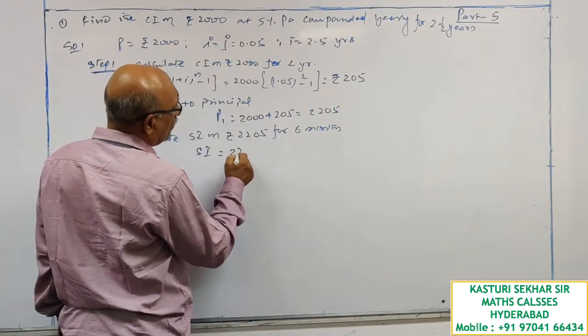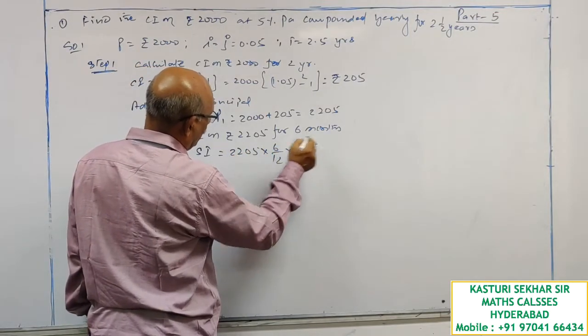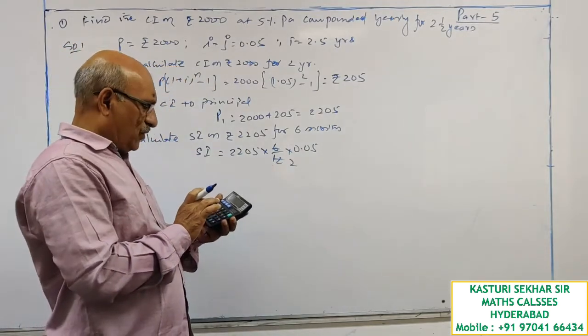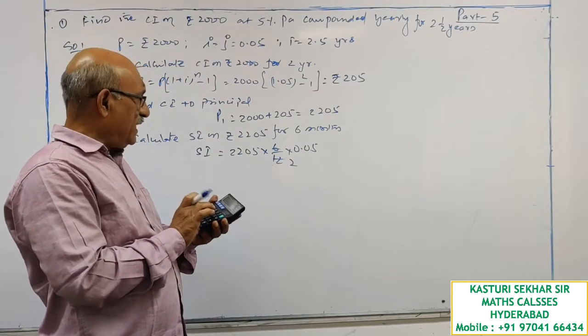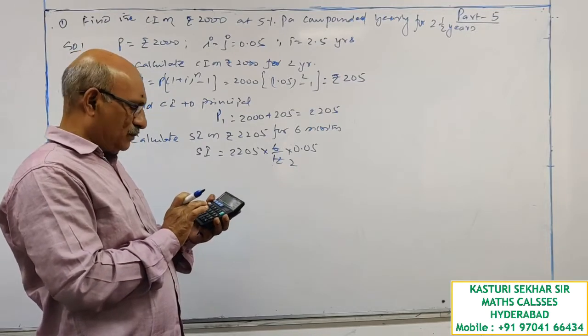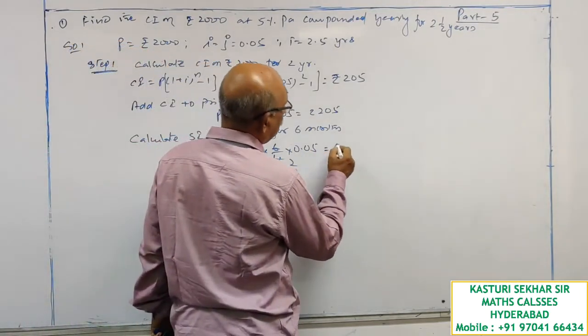Simple interest is equal to 2205 into 6 by 12 into 0.05. It will go 2 times. So this is 2205 into 0.05 divided by 2. This is 55.125.